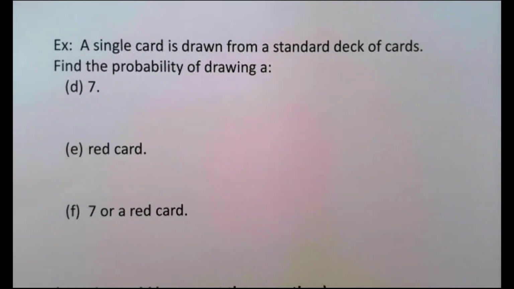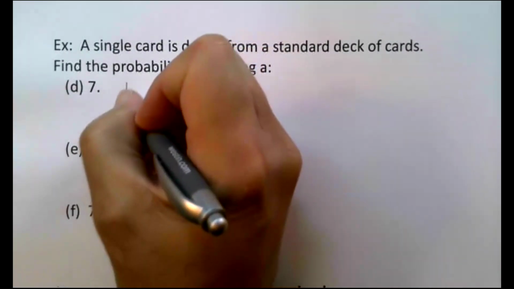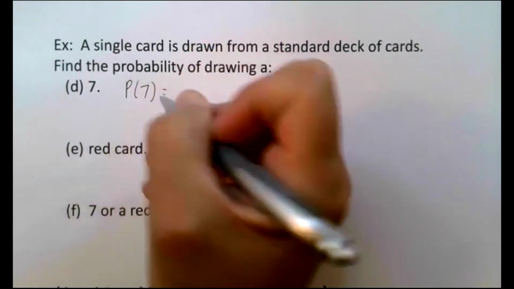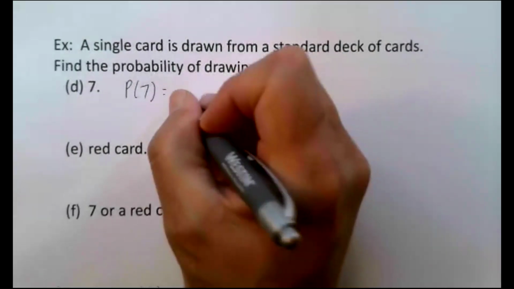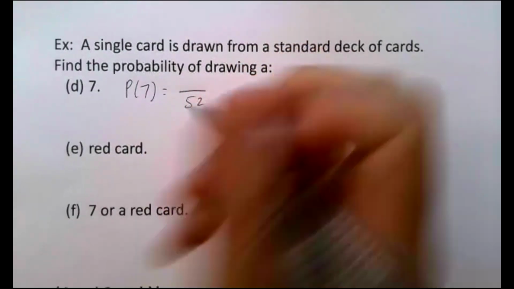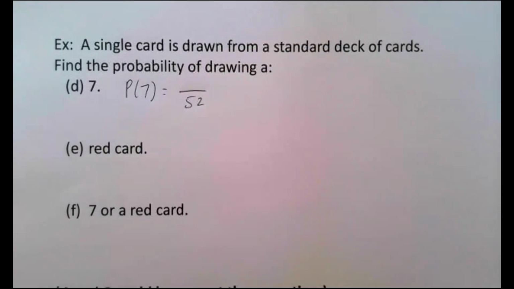A single card is drawn from a standard deck of cards. Find the probability of drawing a 7. If you pick a random card out of a deck, what's the probability that it's a 7? Well, we know there are 52 cards in the whole deck. We might as well put a 52 there.